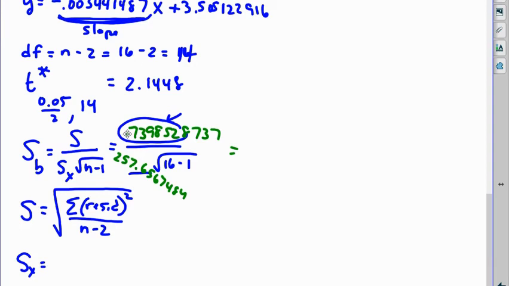My standard error for my slope when I divide all this out is 0.0074114. And so I'm just writing down some of these numbers that I had.